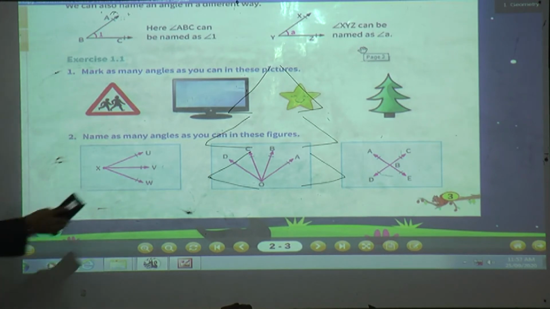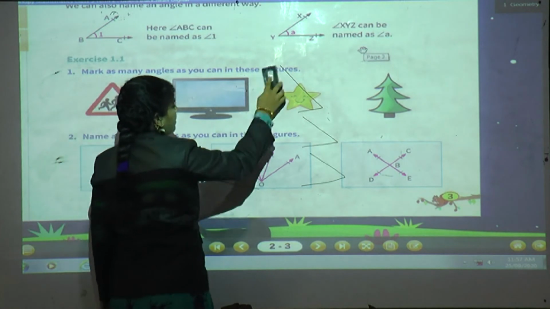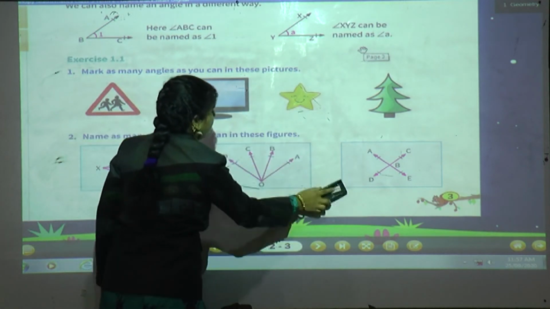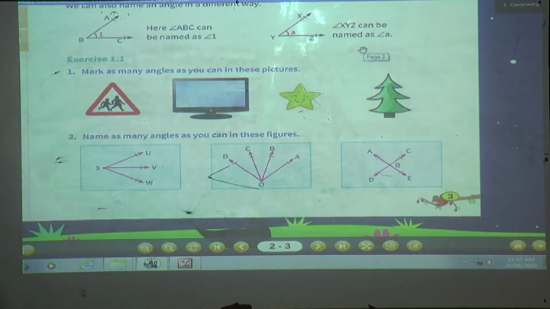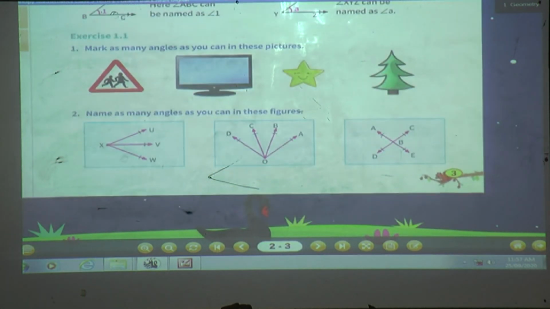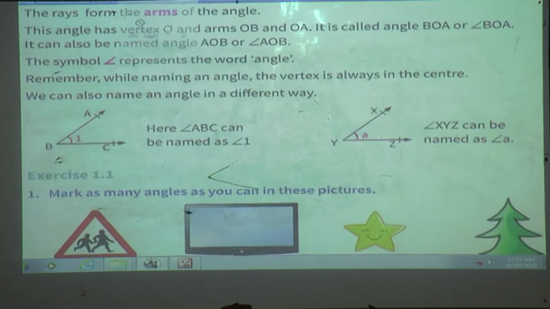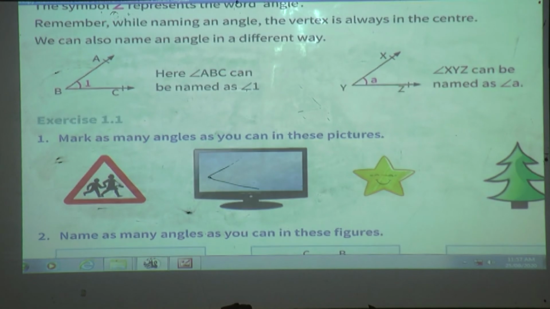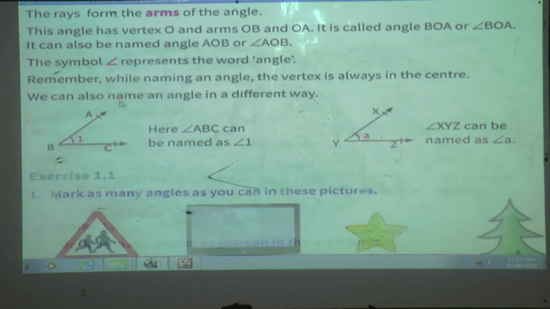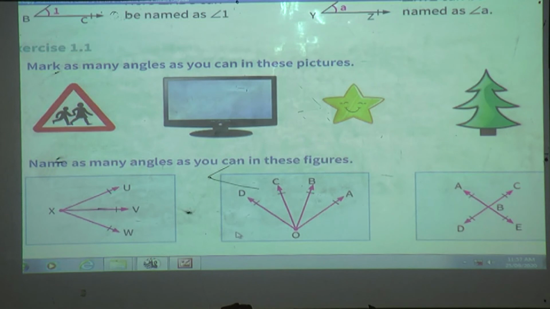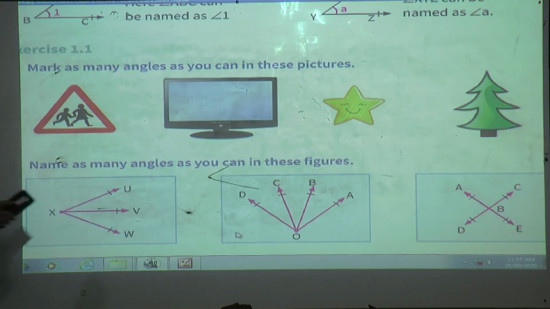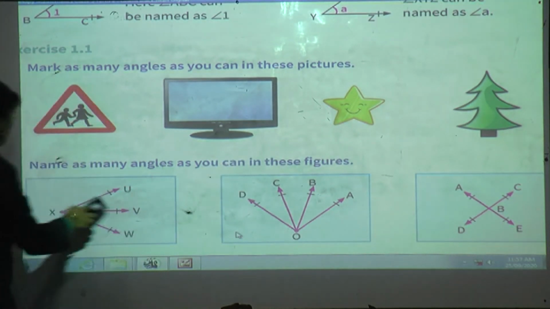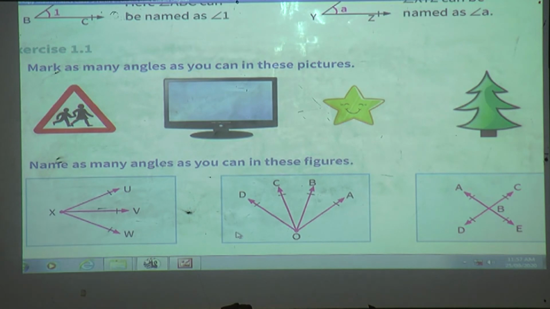Name as many angles as you can in these figures. Here are some figures. You have to name them as angles. Now, first one: here are so many rays.